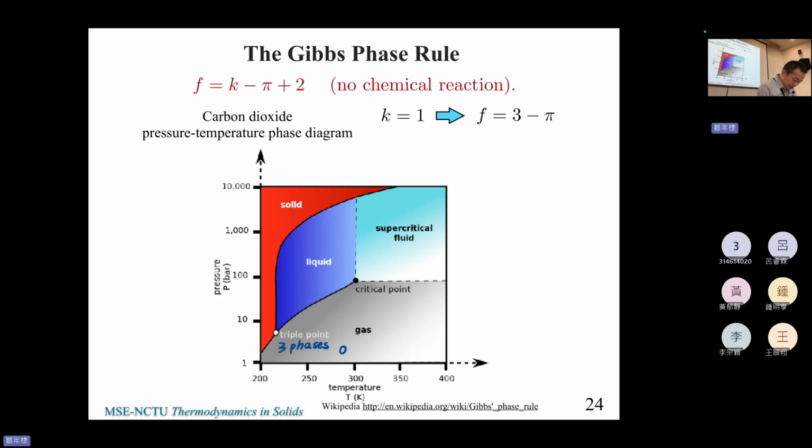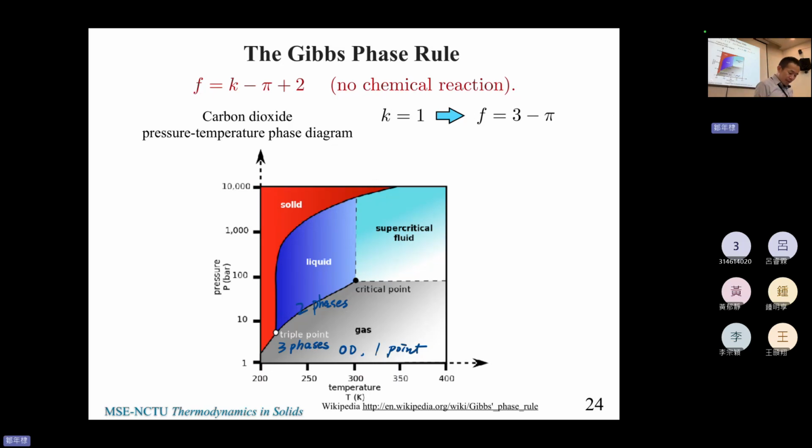So you only have 0 dimension, 1 dimension, 2 dimension. 0 dimension is 1 point. In this T and P phase diagram, you only have a point, the triple point, for 3 phases coexisting. But if 2 phases coexist, pi equals 2, so 3 minus 2 equals 1.